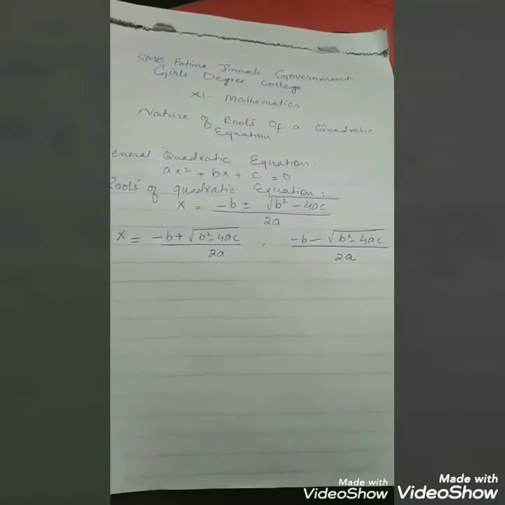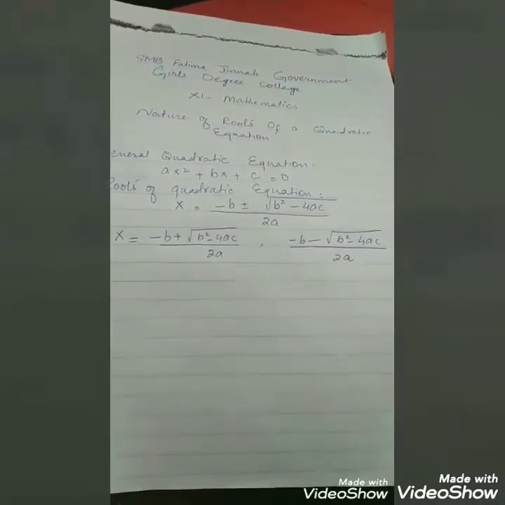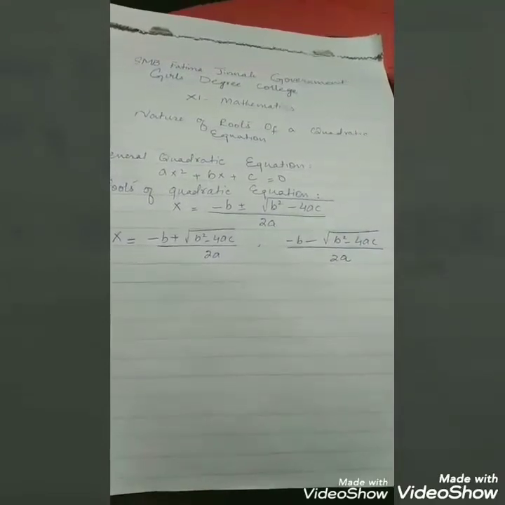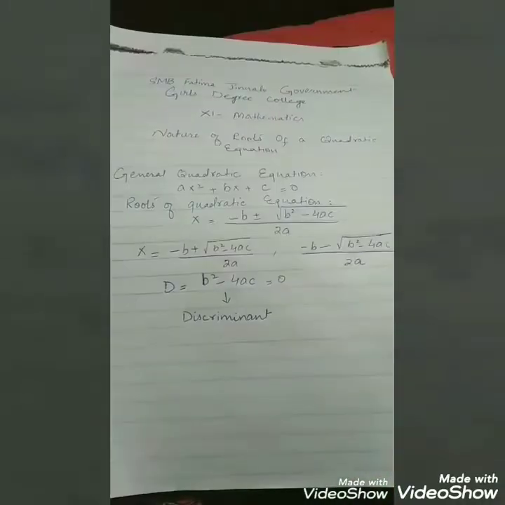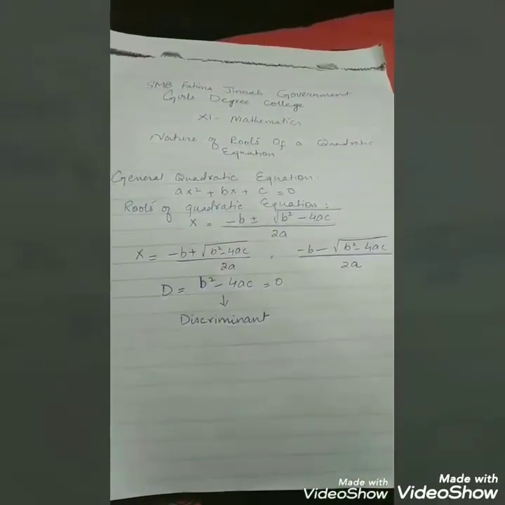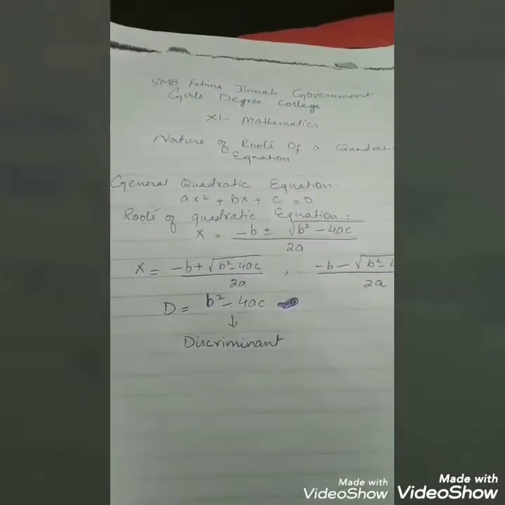The nature of these two roots depends upon the factor which is inside the square root term. This factor is called the discriminant and is represented by d. d = b² − 4ac.